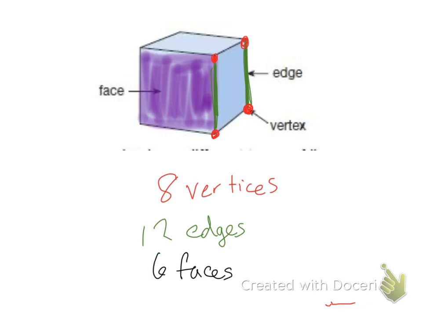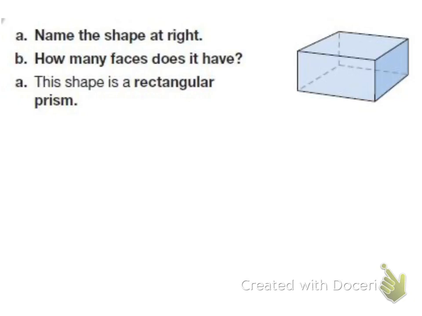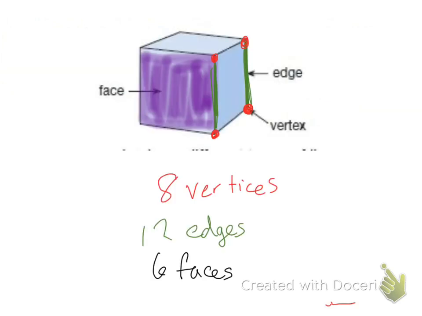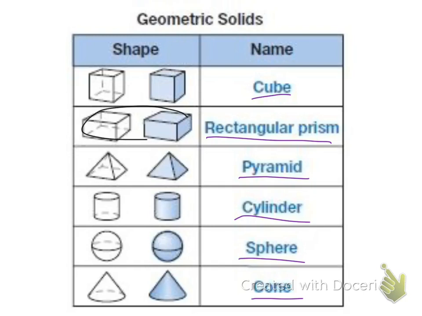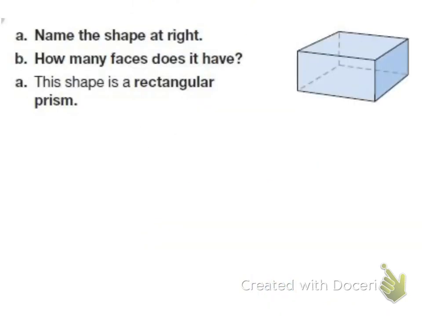Okay. Rectangular prisms also have different types of line segments. Okay. So a rectangular prism also has edges, faces, and vertices. So this shape here, it says to name it. So if we look at my map, it looks like a rectangular prism because it's made up of rectangles. So this is called a rectangular prism. Okay. Then it says how many faces does it have?